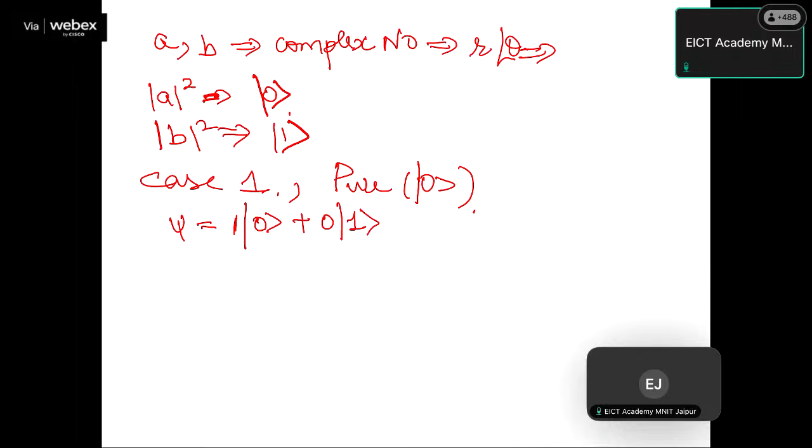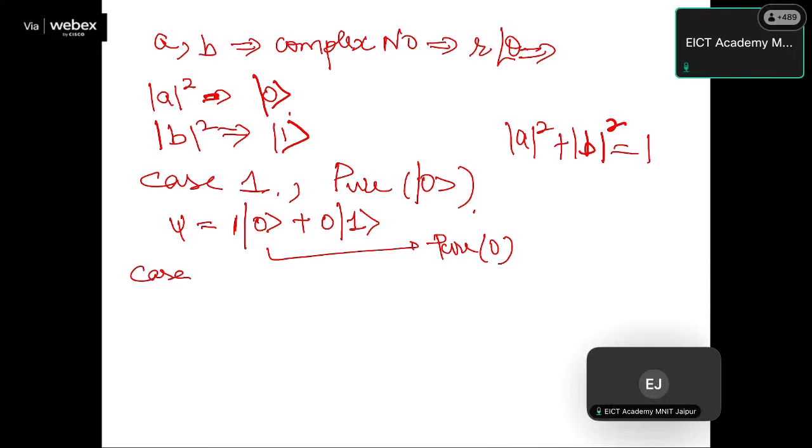So it means I have only pure 0. Now one condition should hold: magnitude of A squared plus magnitude of B squared should be equal to 1 for this equation.